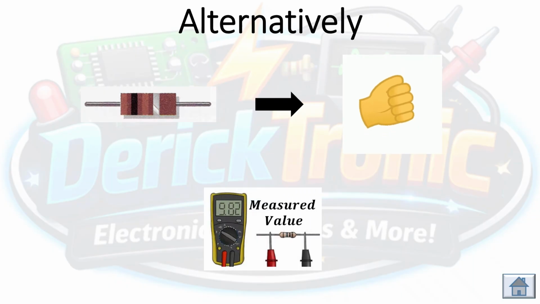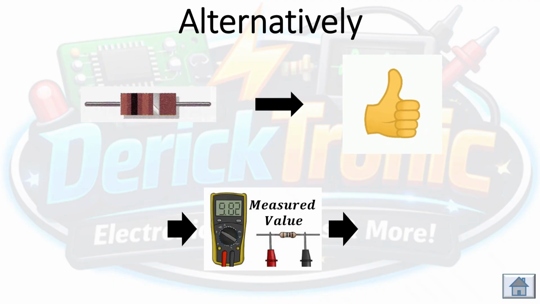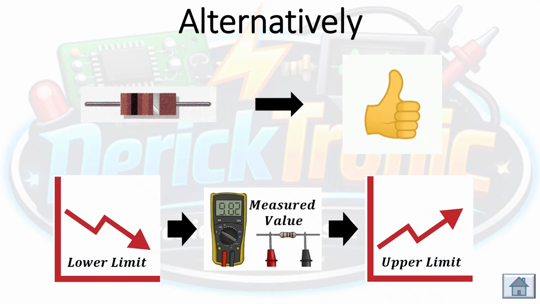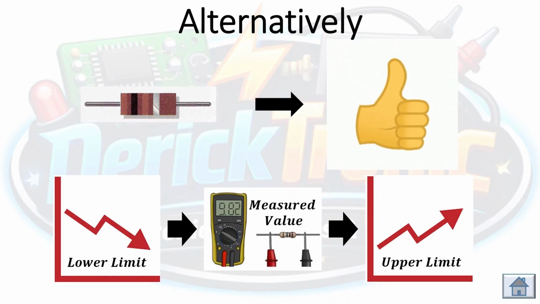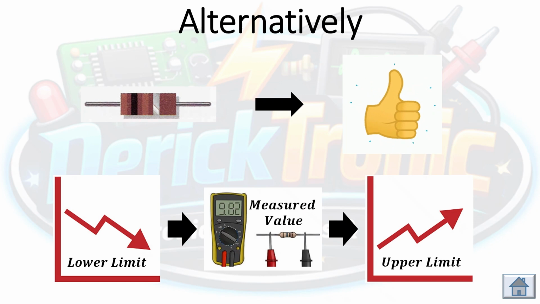In this case, we take the measured value of the resistor and see if that measured value falls between the range of the allowable measured value, meaning does it fall between the lower limit and the upper limit value computed. The measured value can be equal to the lower limit, and it can also be equal to the upper limit. We will only consider out of tolerance if the measured value falls out of that range.